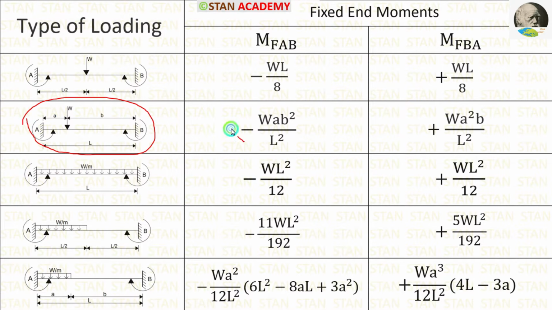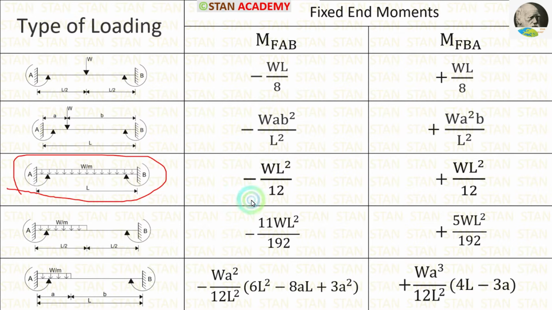The formulas are minus WAB square upon L square and positive WA square B upon L square. In the span CD, we are having UDL acting for the full span. So we have to select this condition. The formulas are minus WL square upon 12 and positive WL square upon 12.